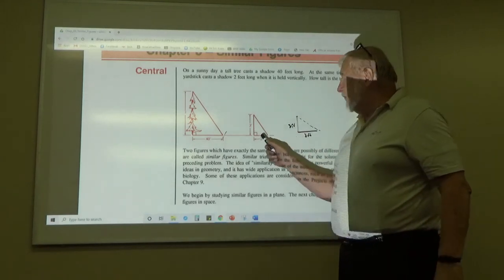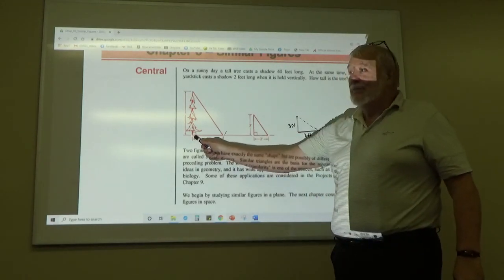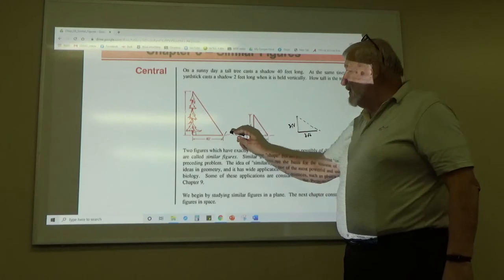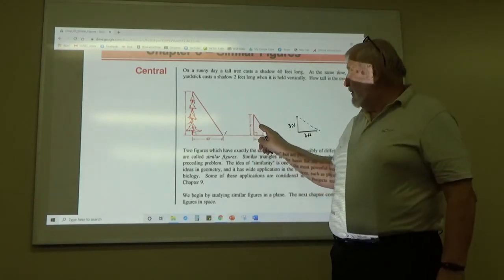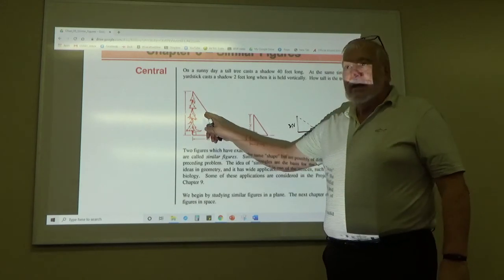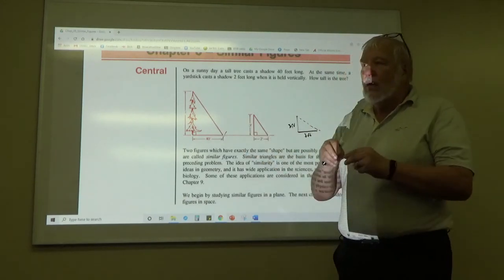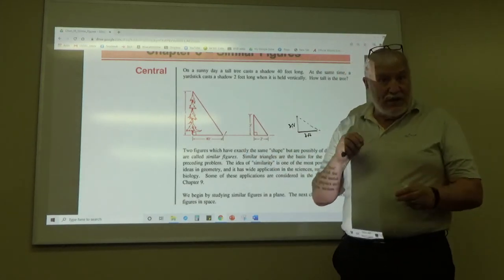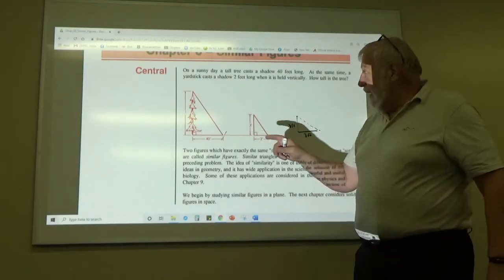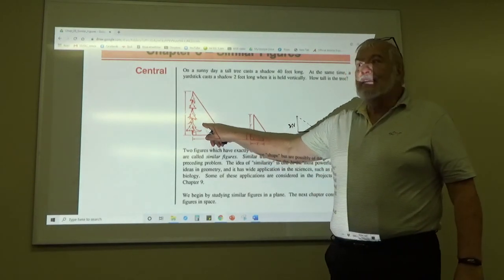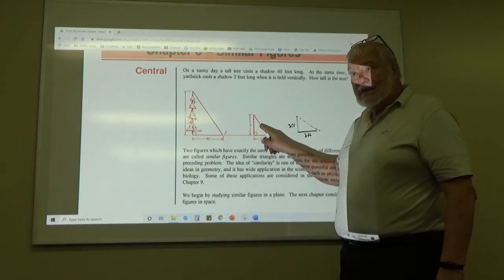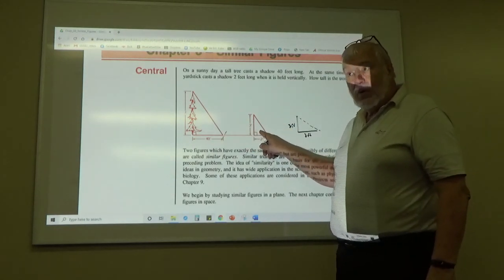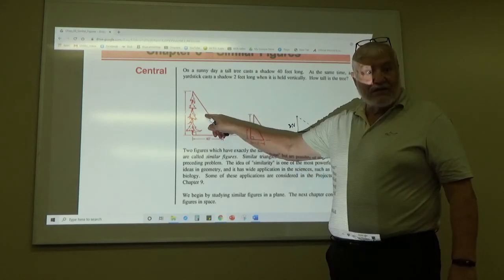All right, if you have a right triangle and these angles are the same, then this triangle and this triangle are dilations of one another. So I can either take this and divide it by a certain number and get this size, or I can take this and multiply it by a number to get that size.